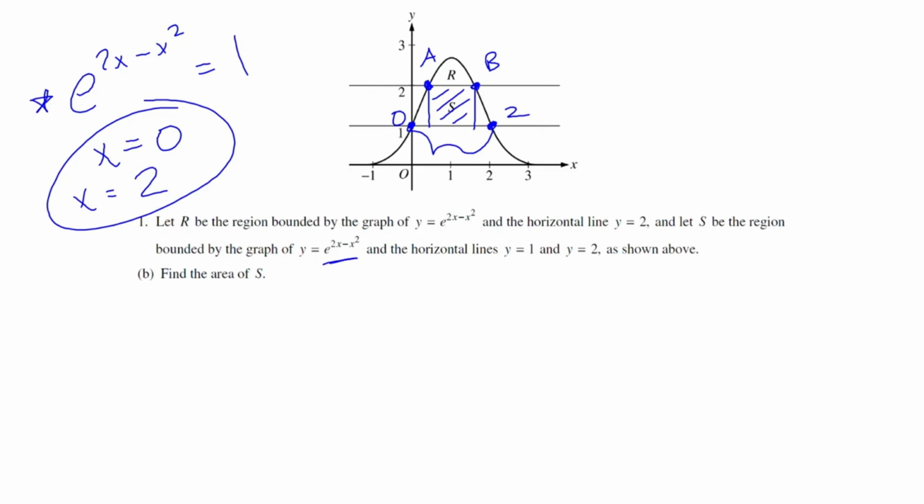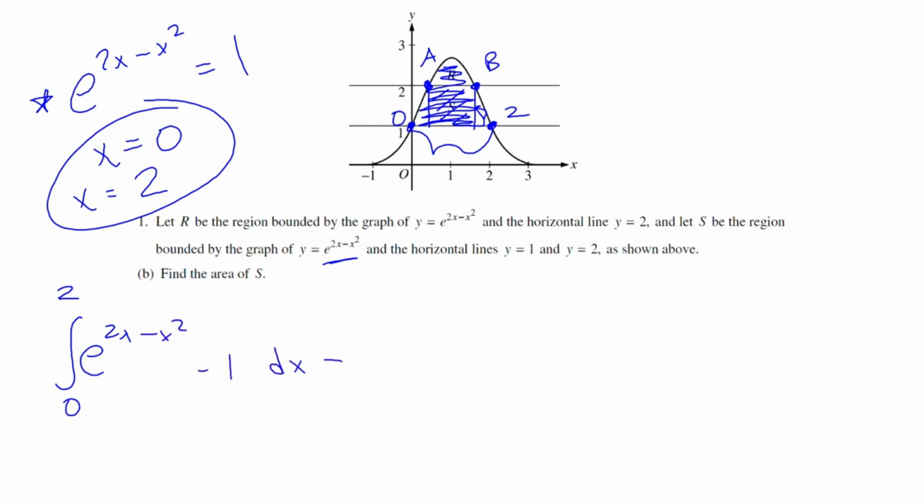If I do the setup for the whole thing first, that integral is going to be the integral from 0 to 2 of the upper function, e to the 2x minus x squared, minus the lower function, 1.